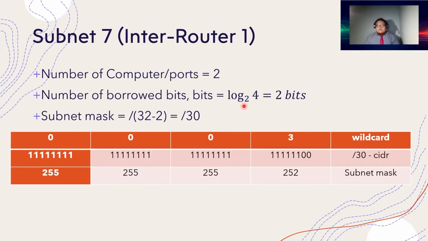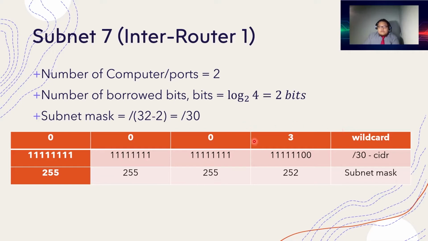So we will get 4 addresses in this subnet 7. The first address we use for the network address, the last address for the broadcast address, and the remaining 2 IP addresses will be used for the routers. From here we can see that the number of bits is 2 bits, and the subnet mask that we're going to use is mask 30, because we subtract 2 from 32.